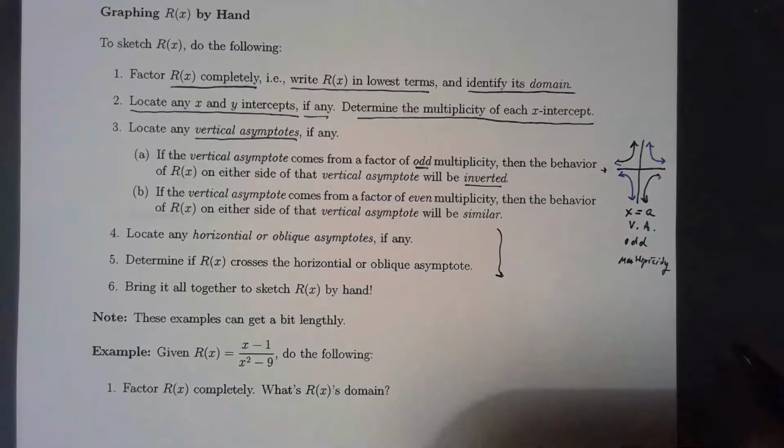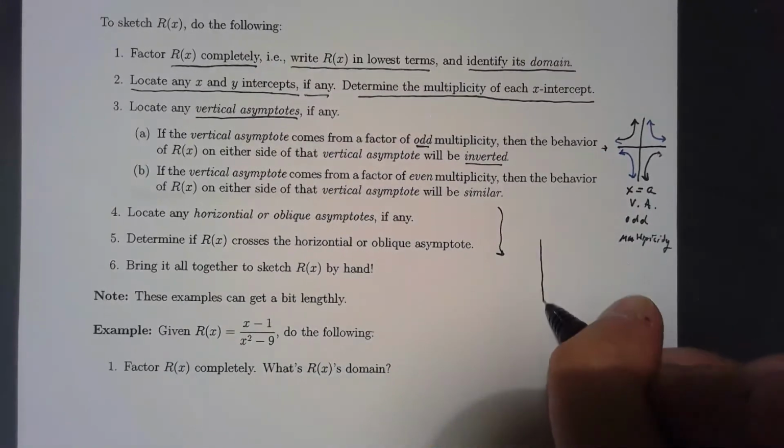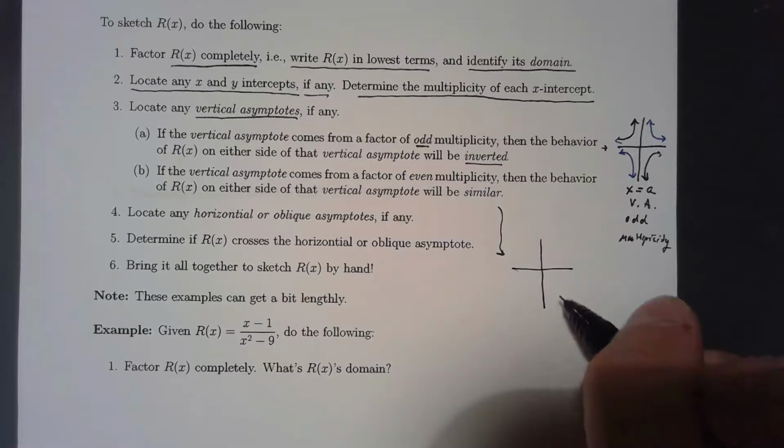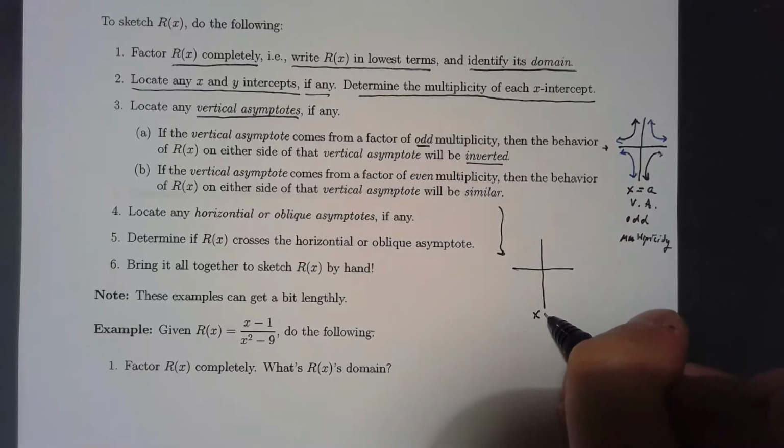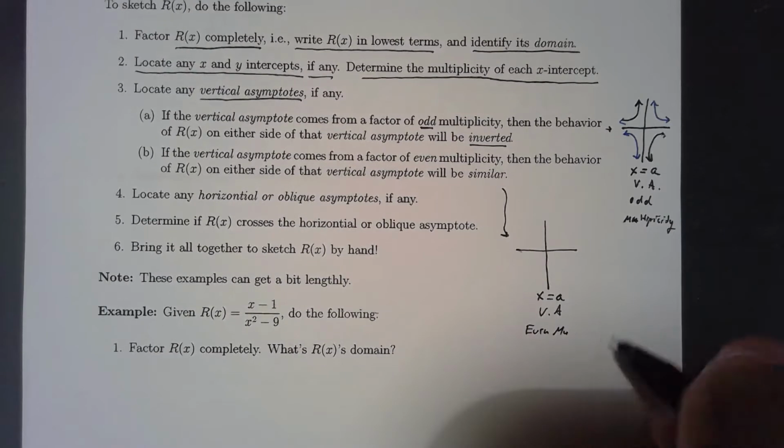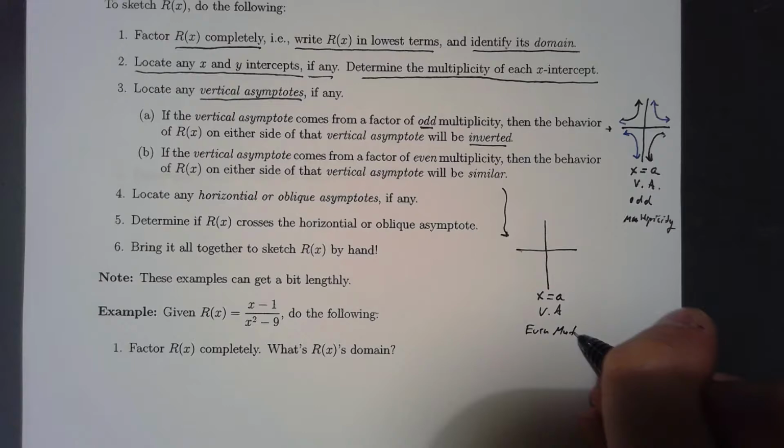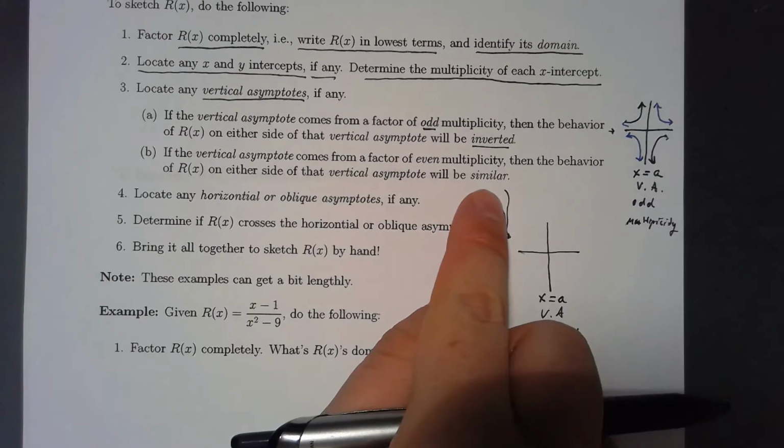If it's case 2, so if this vertical asymptote has even multiplicity, then the behavior on either side of the function will be similar.